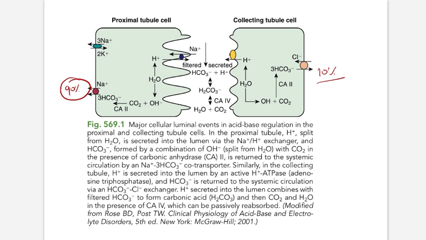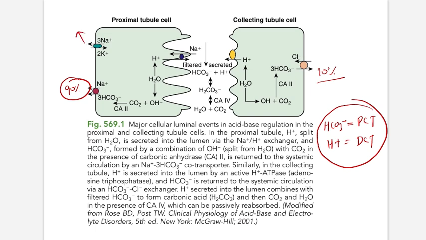By this image, just remember these keywords: bicarbonate is in relation with the PCT, and H plus is in relation with the DCT. Any problem in proximal tubule cells in absorption of bicarbonate leads to proximal RTA, also called type 2 RTA.